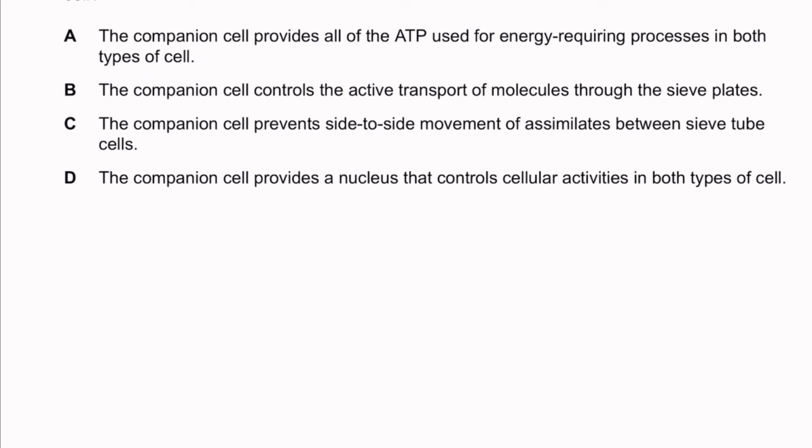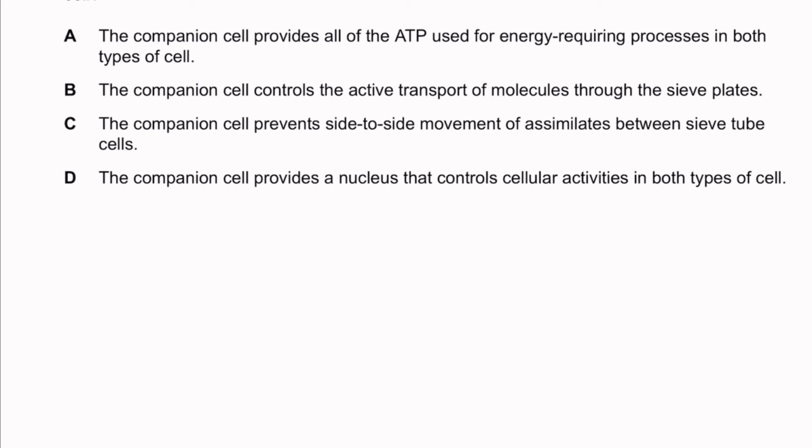There is no active transport through the sieve tube plates. The companion cell provides side-to-side movement of assimilates between sieve tube cells. It does provide side-to-side movement between the companion cell and the sieve tube cell, but there is no side-to-side movement between the sieve tube cells. This does not make sense to me.